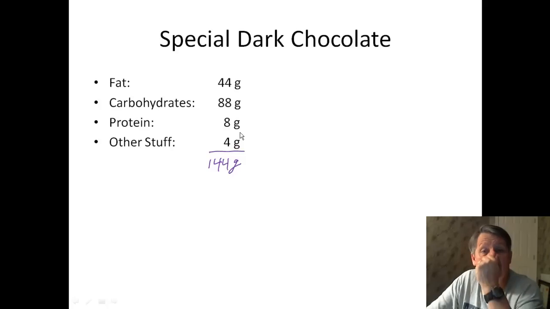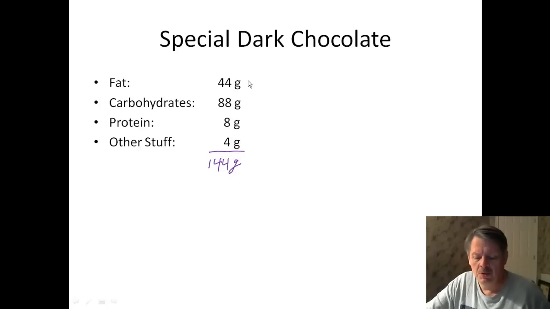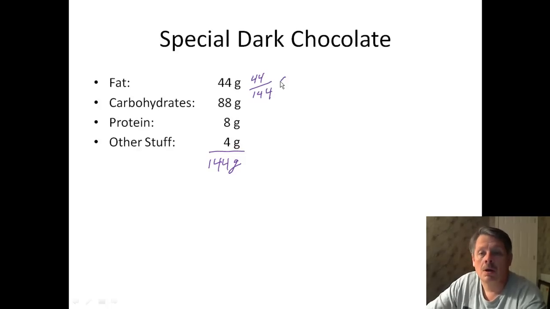Now, how do you figure out percentages? You should know how to figure out percentages. Percentages are something you should be very familiar with from previous work, but let's say I have 44, and I divide that by 144, and that's going to give me a decimal number. If we multiply that by 100%, that will give us 30.6.